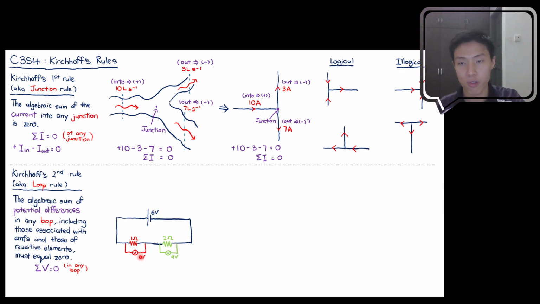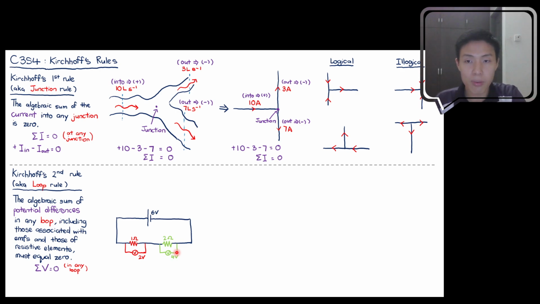You can see there's 6 volt, 2 volts and 4 volts, and we need to do an algebraic sum of these potential differences and get back to 0 for a closed loop. But if you take 6 plus 2 plus 4, you get 12, which doesn't make sense. So here I'm going to explain how you should understand the idea of the loop rule.